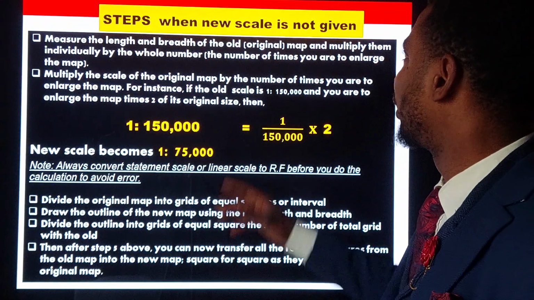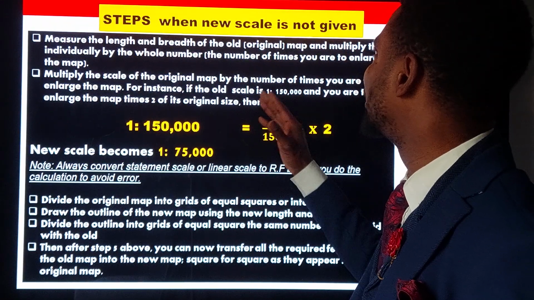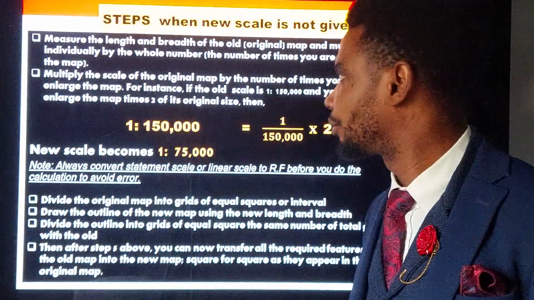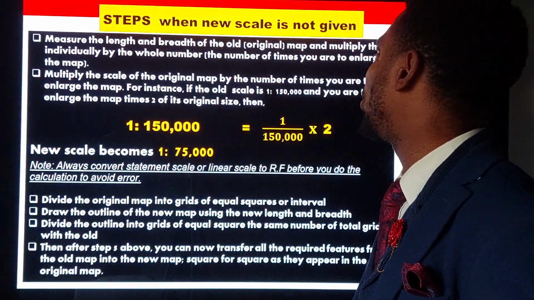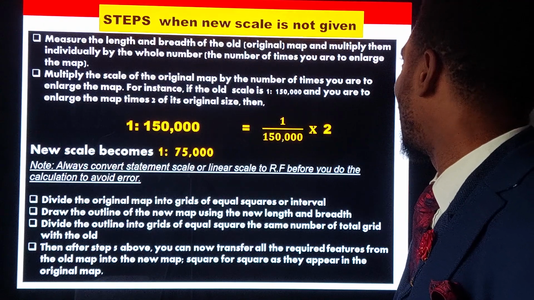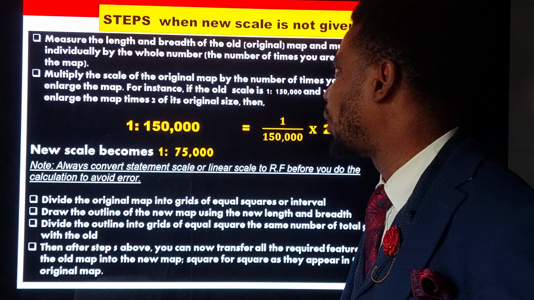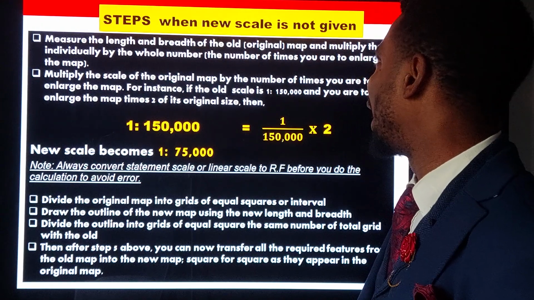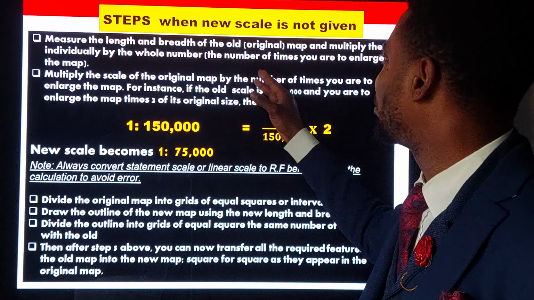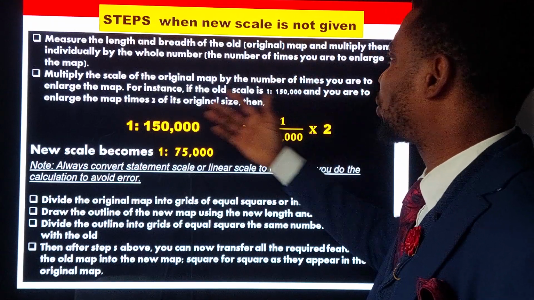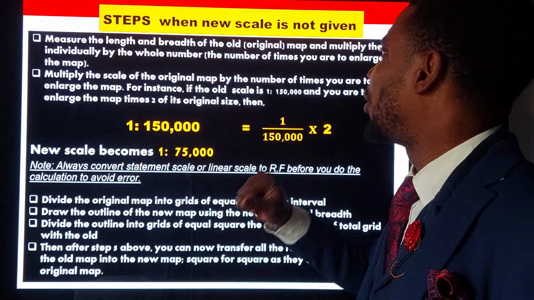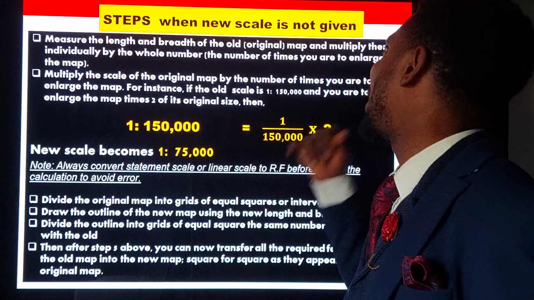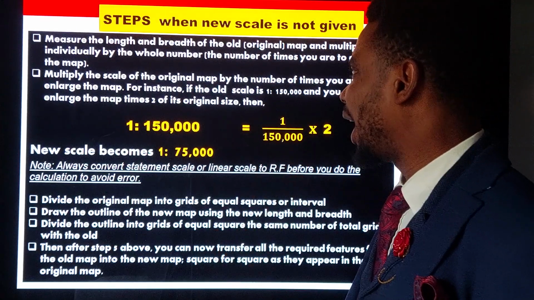All right, so steps to take when new scale is not given. Measure the length and breadth of the original map and multiply them individually by the whole number, that is the number of times you are required to enlarge the map. Then secondly, you multiply the scale of the original map by the number of times you are required to enlarge the map.